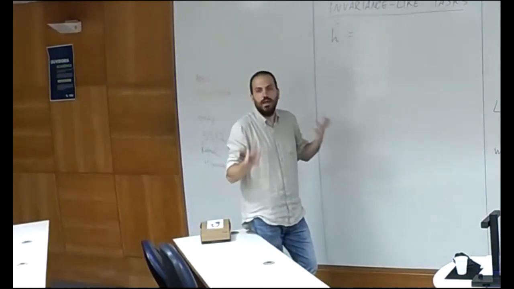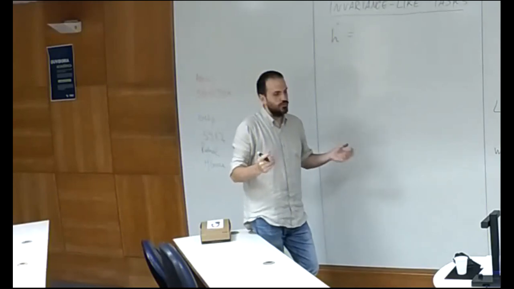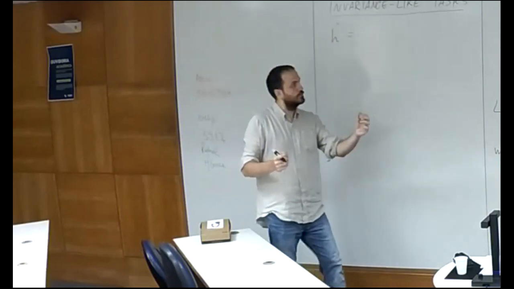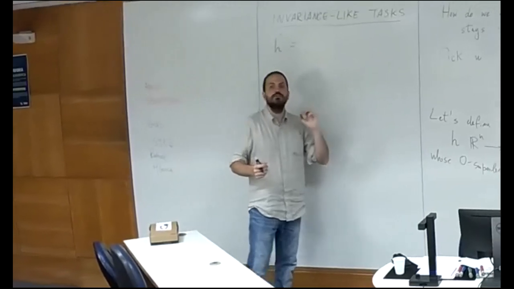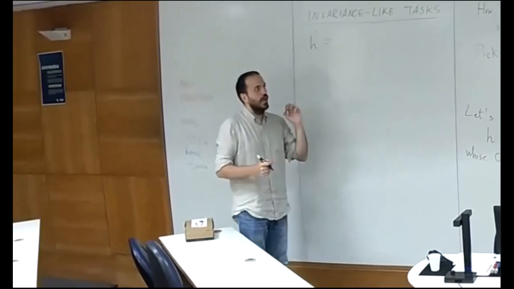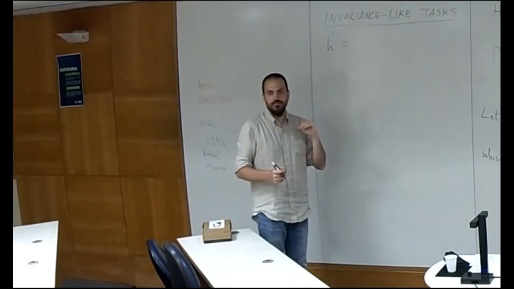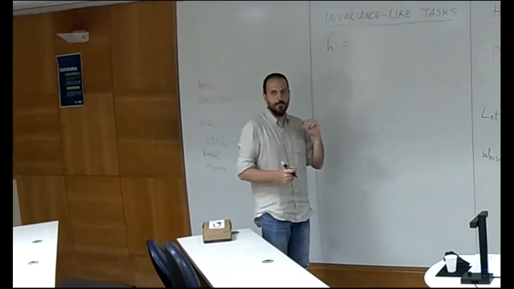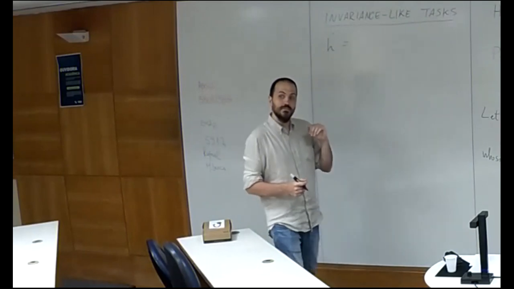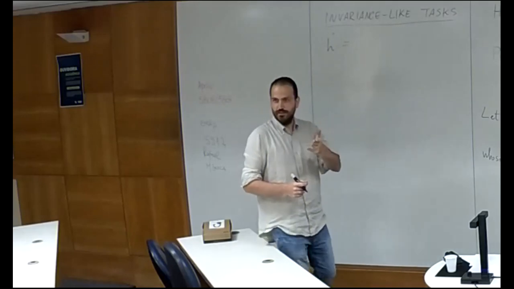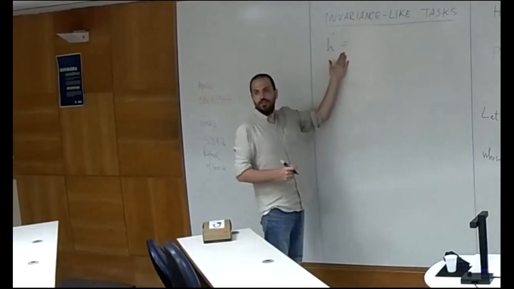So h depends on x, right? So the elevation depends on our position. How can we find out how the elevation changes based on our position? Yes, that shows up if you apply the chain rule.